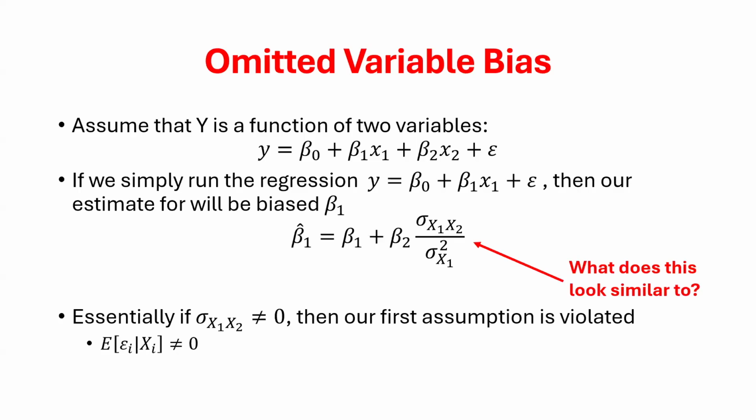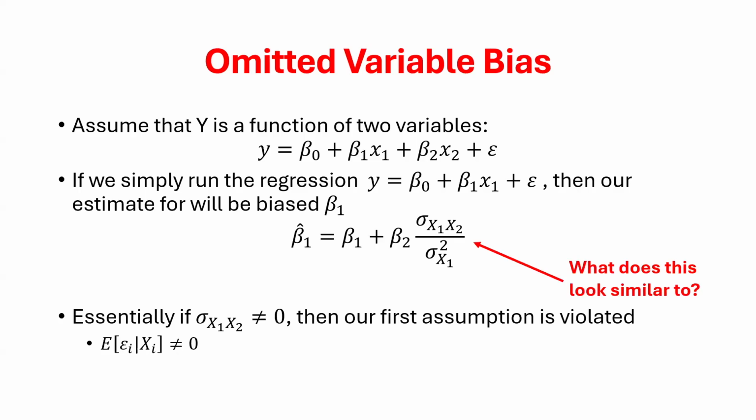Okay. Now, here's where we can start to think about these different combinations. What is the sign of this bias? Well, if beta 2 was negative, and the correlation between the included and the omitted variable was positive, what's the sign of that bias?